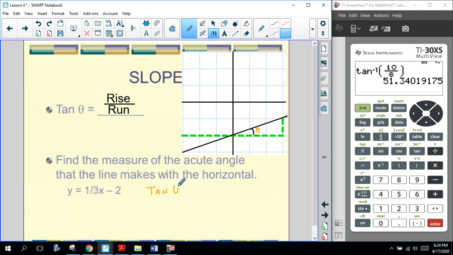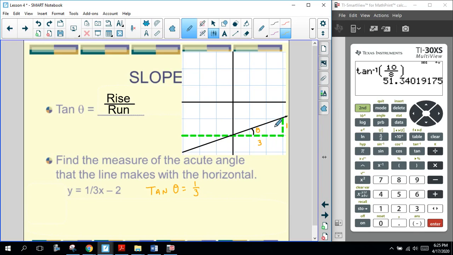So the tangent of theta is equal to, we know from before, the opposite. Well, if I'm using my grid, the opposite length is 1 unit long, over the adjacent leg, well, this adjacent leg is 3 units long. So the opposite over the adjacent is 1/3.